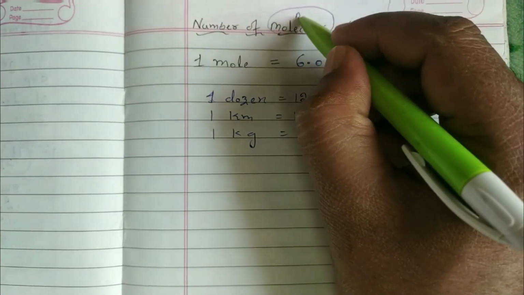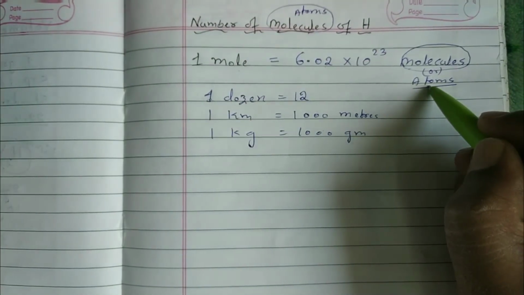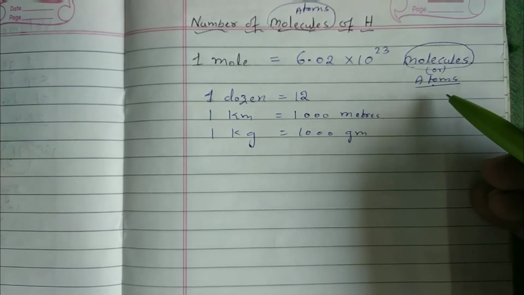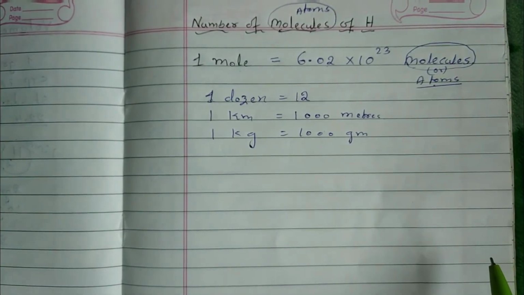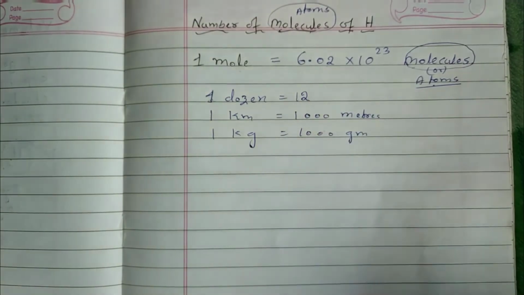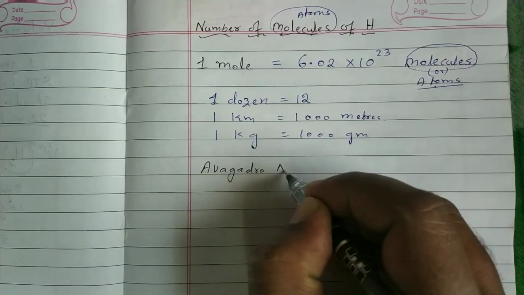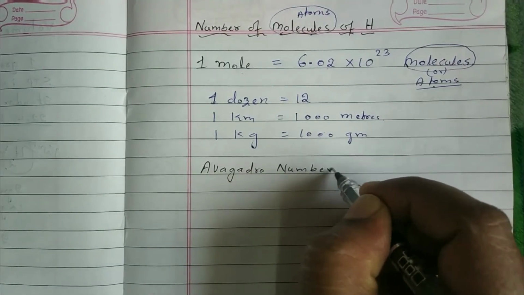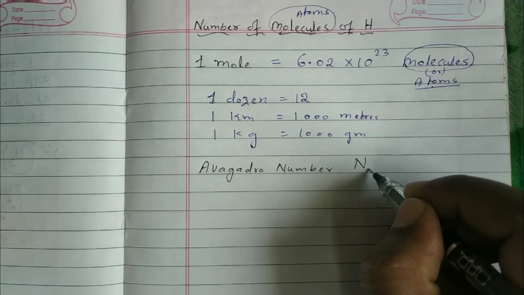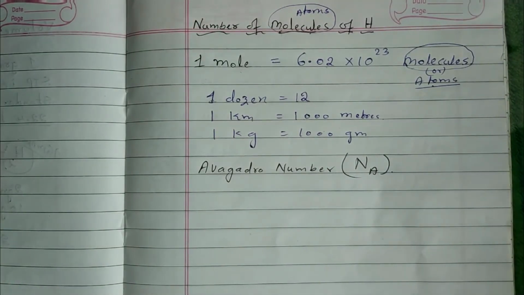If you are finding out atoms, then I will write here atoms. So now you will understand what is this number. This number is known as Avogadro number, which is represented by N subscript A. Is it clear?